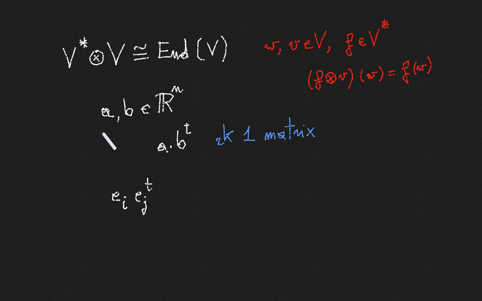So you take the element of the dual and you apply it to w. Now you get a number, so times v. So you get a linear operator which has image generated by v, and kernel, which is the kernel of f. And this is a linear map from V to V. Okay, so in this sense, all the linear maps from a space to itself are the dual tensor the space.